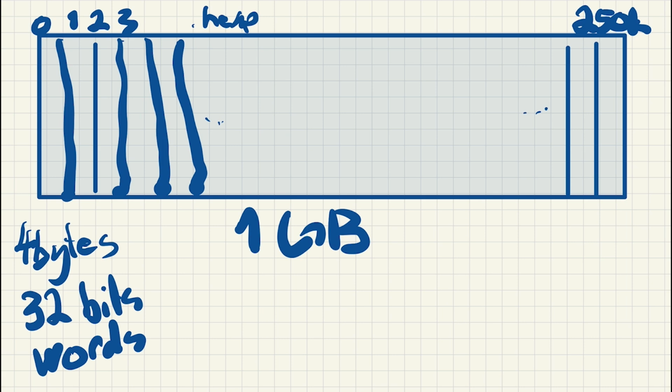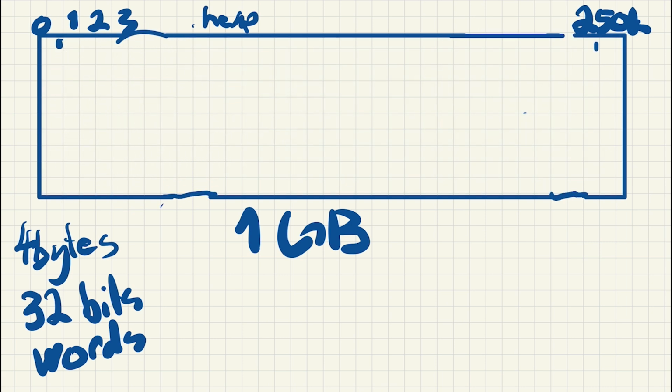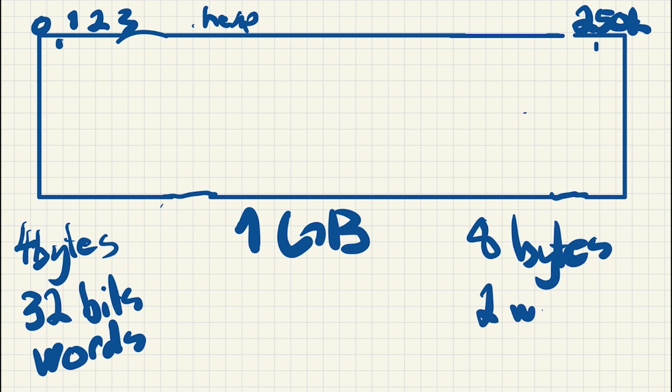All right, I'm going to clean this up a little bit before we continue. So what is going to happen if we want to allocate, say, 8 bytes of memory for something? That means 2 words. There will be a very tight overhead for this memory allocator.